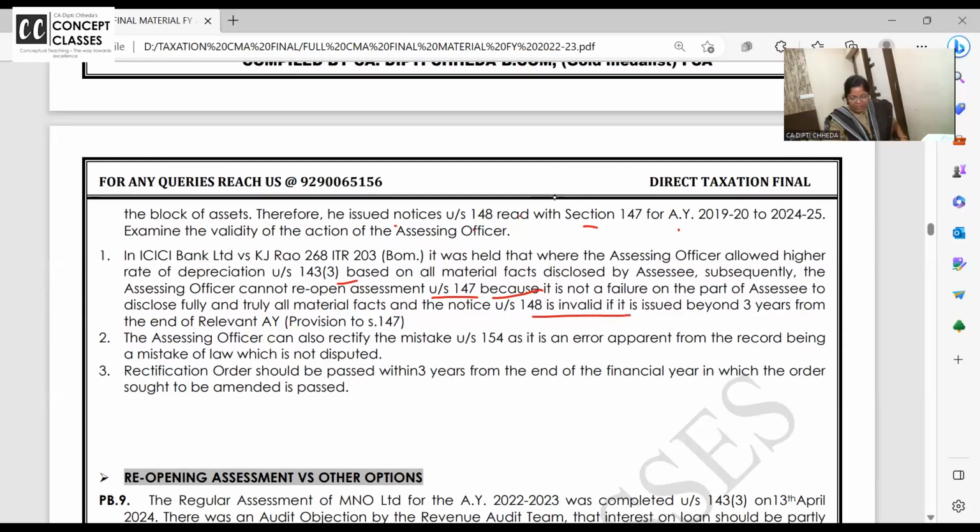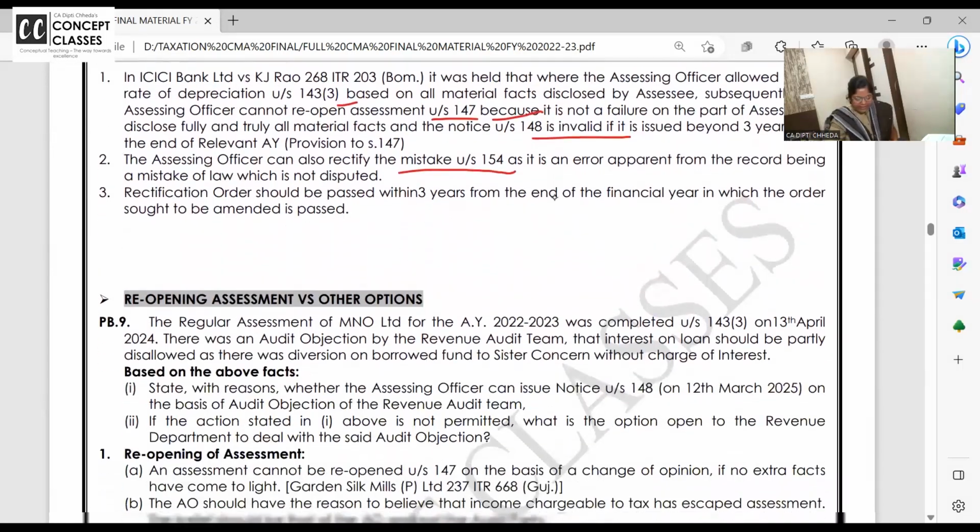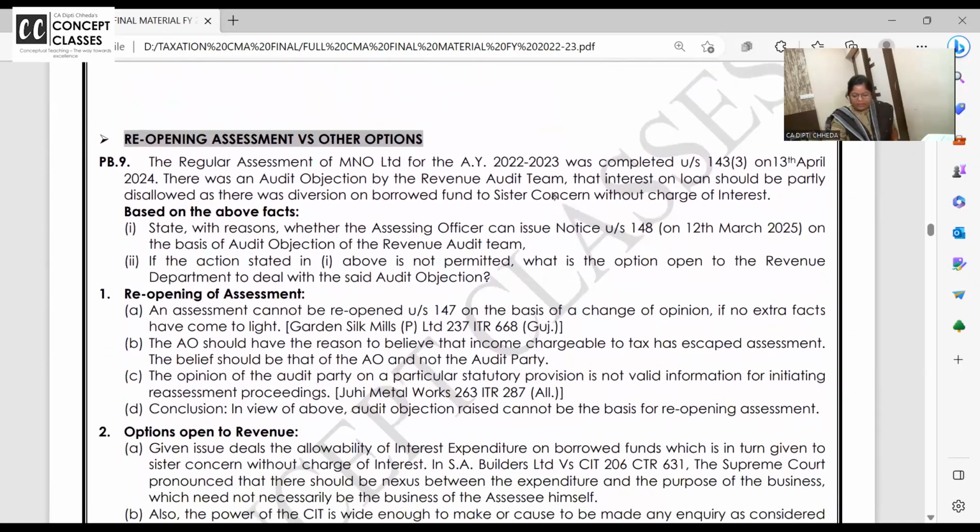The assessing officer can try to rectify the mistake under 154. Once the order is passed by the department, can it be rectified within the 3-4 year time limit? Yes. So this is a mistake apparent from the record. They can make an application, but they can't go for 147.